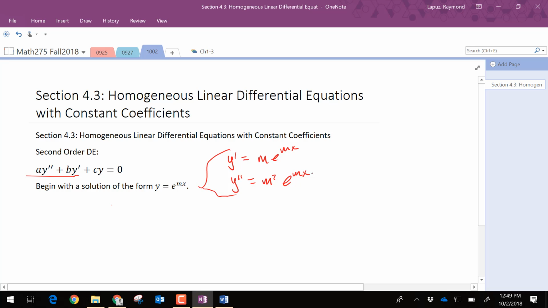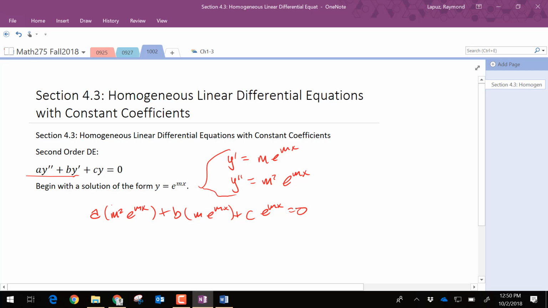Then we'll put it into the original differential equation to see what we get: a m squared e to the mx plus b m e to the mx plus c e to the mx equals 0.